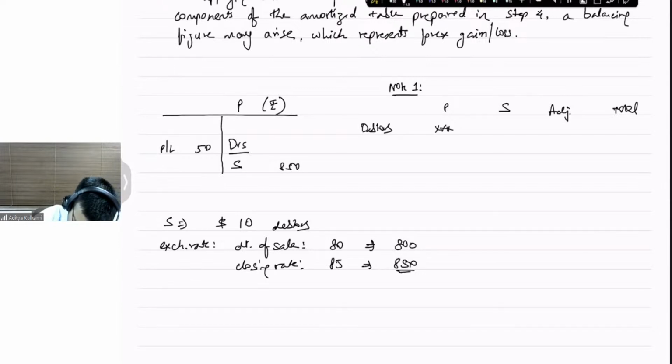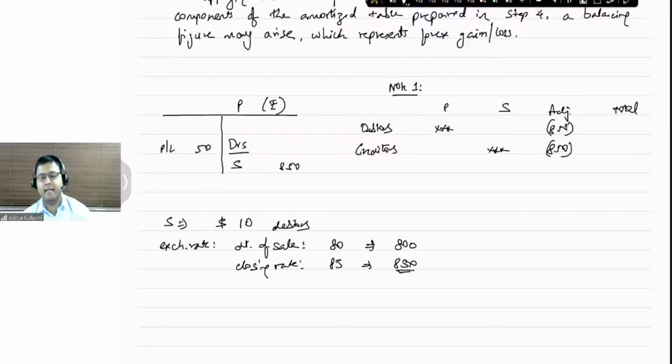There will be some figure for P, and in creditors, when I translate using the principles, there will be some adjustment here. So now from both the places, I will eliminate 850, because that is my intercompany balance.